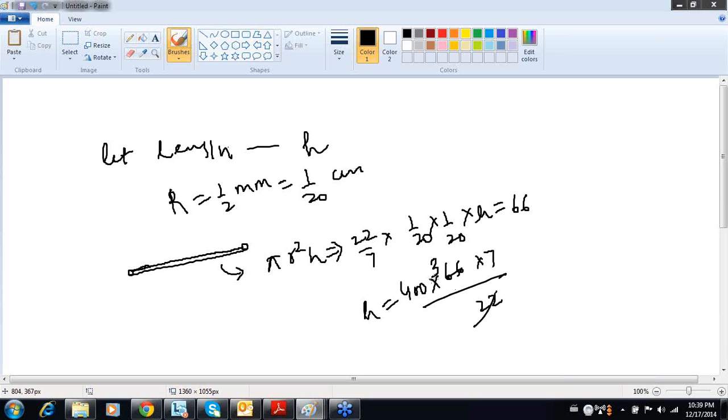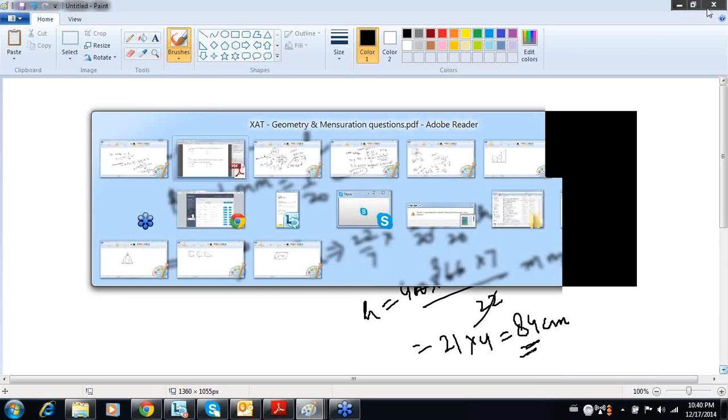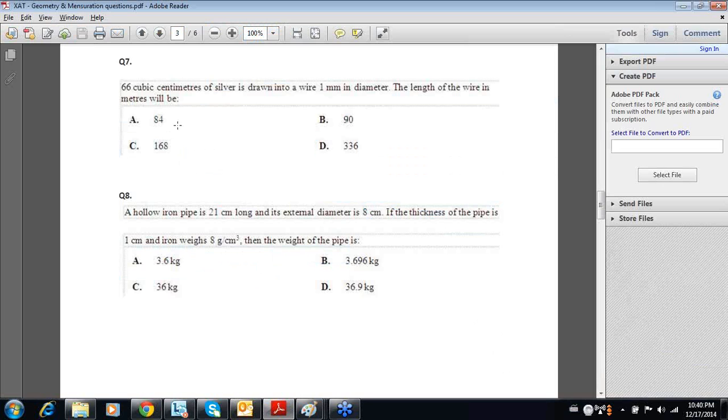So 21 into 4 is equal to 84 centimeter. So just remove these two, it will become centimeter. So it will come out to be 84 centimeter. Everybody clear with this? We have our option A. We'll go ahead and mark option A, 84 centimeter.